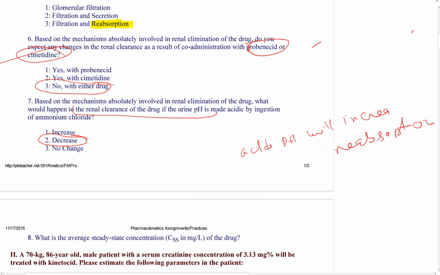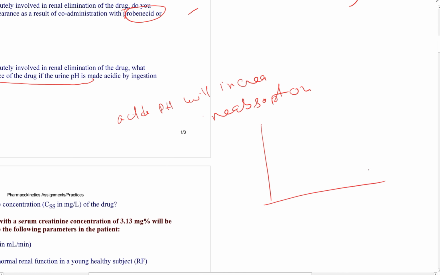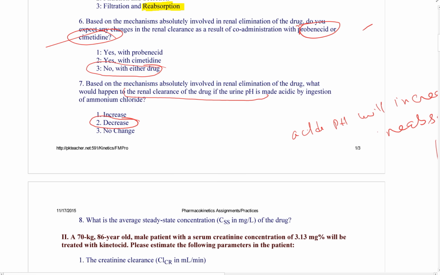When reabsorption increases, the amount of the drug in the urine is going to decrease. So in this case, the renal clearance is going to decrease, not increase.